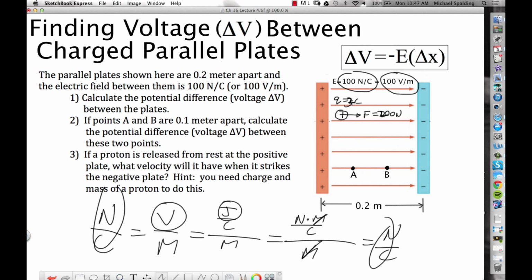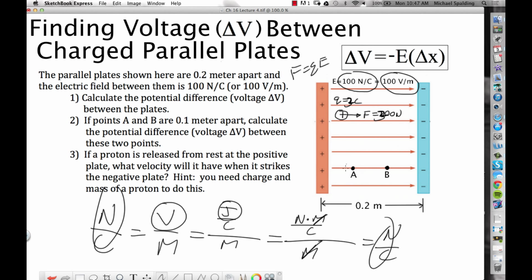What if it were 3 coulombs? 300 newtons. All I'm doing is using F equals QE, right? Now volt per meter. If we say the electric field is 100 volt per meter, what we're saying is the potential difference is going to be 100 volts for every meter that you move in the electric field.